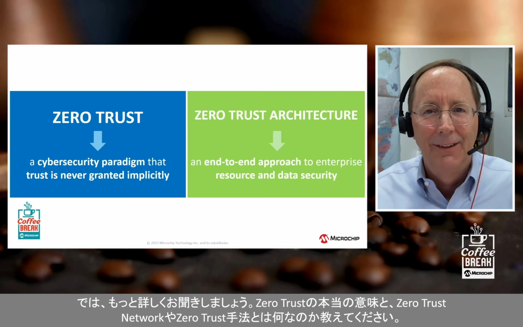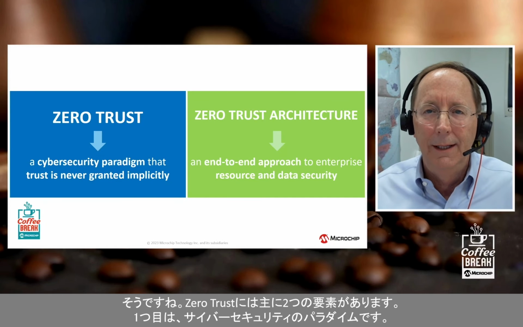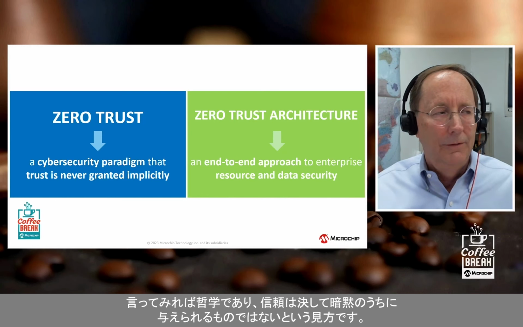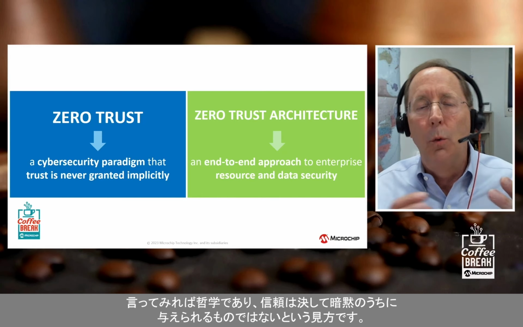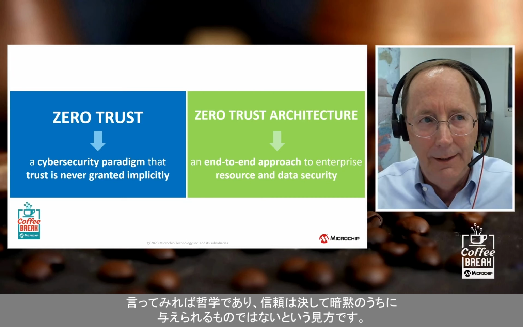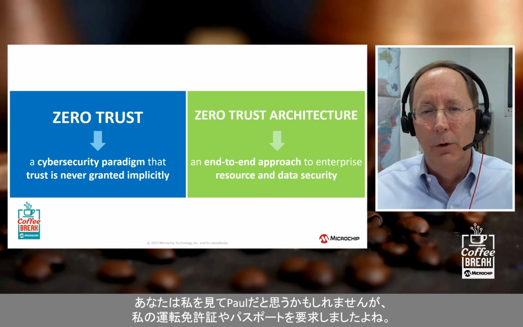All right, so let's talk in more detail. Tell us what zero trust really means and what a zero trust network or zero trust architecture is. Yeah, so zero trust has two main components. The first is a cybersecurity paradigm, or philosophy, or a way of looking at things, where trust is never granted implicitly. You may see me and think, I think that's Paul, but you asked for my driver's license or my passport.